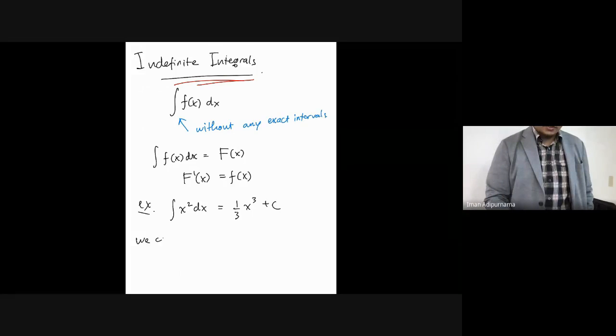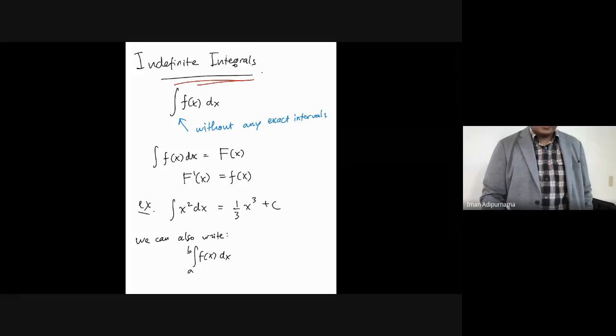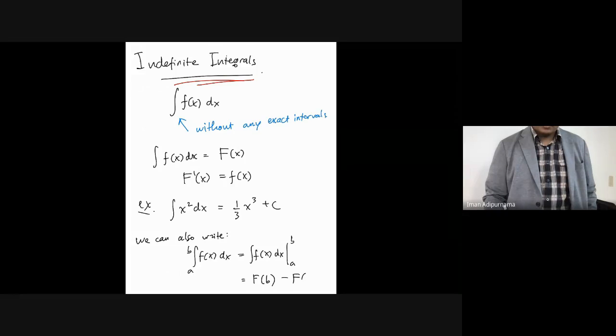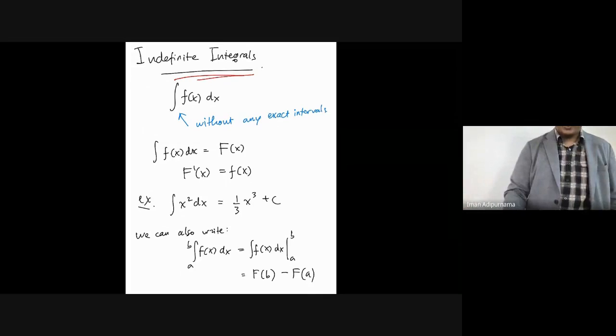We can also write, if we have a to b, we can write this as, we can write like that.